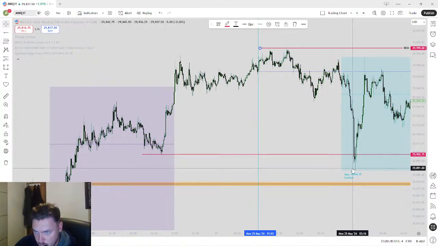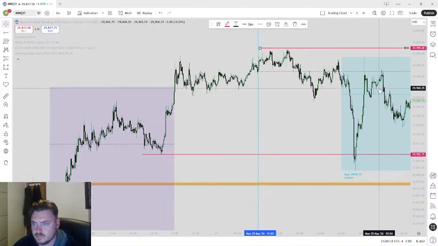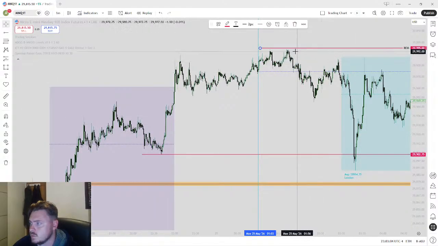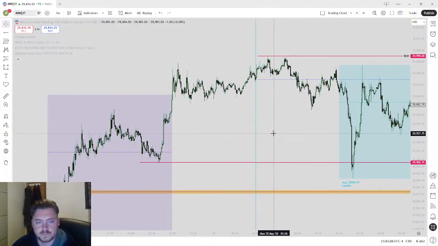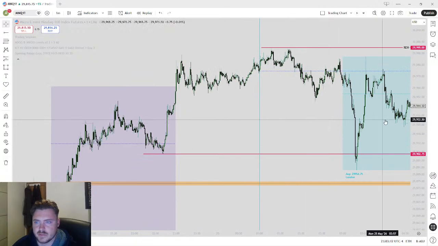People who sold off here made a lot of profit, but this isn't a massive liquidity pool because a lot of people who went down got stopped, but it is an area of interest. Okay, that makes sense.